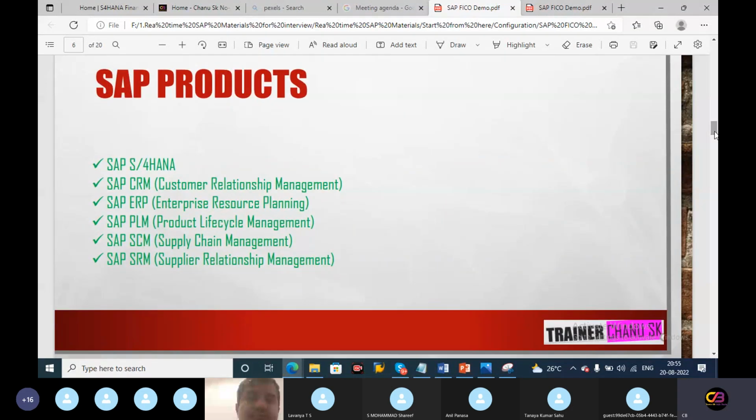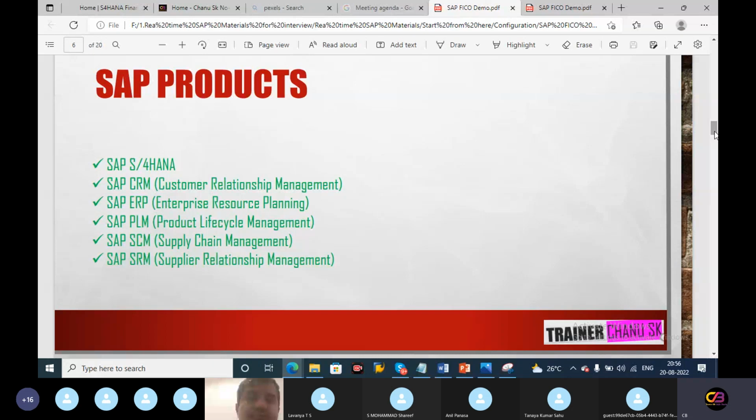So far, SAP has released many products. Some of the important products I just want to share with you. These are the SAP products introduced by SAP. SAP S4 HANA is one product. SAP CRM: CRM stands for Customer Relationship Management, and ERP stands for Enterprise Resource Planning. PLM stands for Product Lifecycle Management.